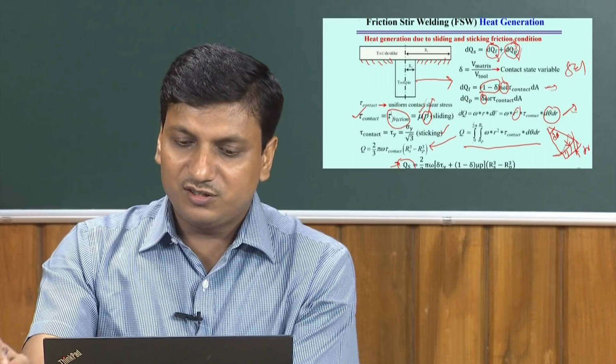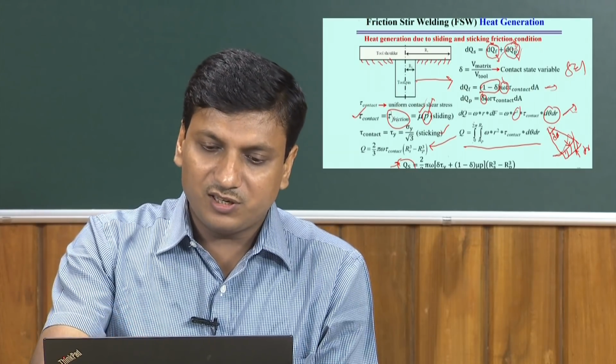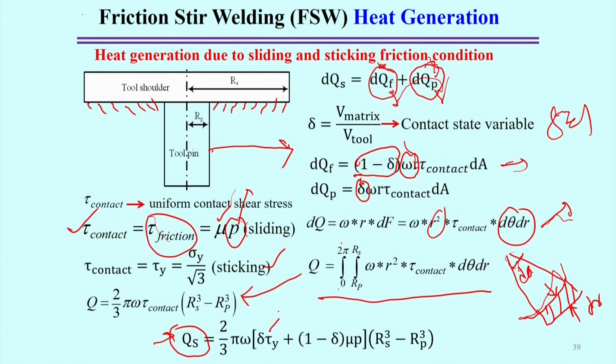And if we see, here it accounts for the shear yield stress value of the material, and of course it accounts for the extent of sliding and sticking by incorporating the contact state variable delta. It should know the pressure that comes from the axial force, and the diameter of the tool pin and diameter of the shoulder. In this simplified way we can find out the amount of heat generation.